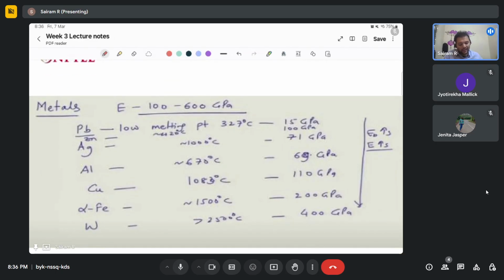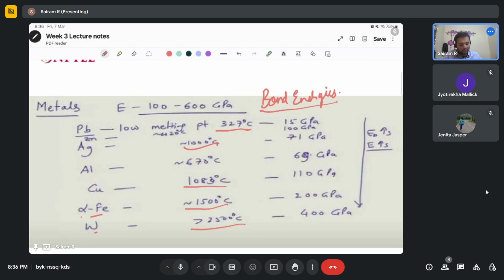So the professor had given examples of various metals such as tin, zinc, silver, aluminum, copper, alpha iron, and then tungsten as well, because he wanted to discuss the relation with bond energies. Elements or materials with very high bond energies typically tend to have very high melting points as well. Tungsten has a very high melting point, alpha iron has a very high melting point, same with copper and silver.